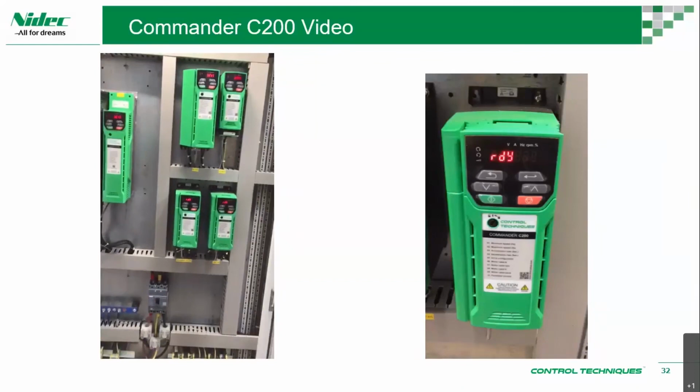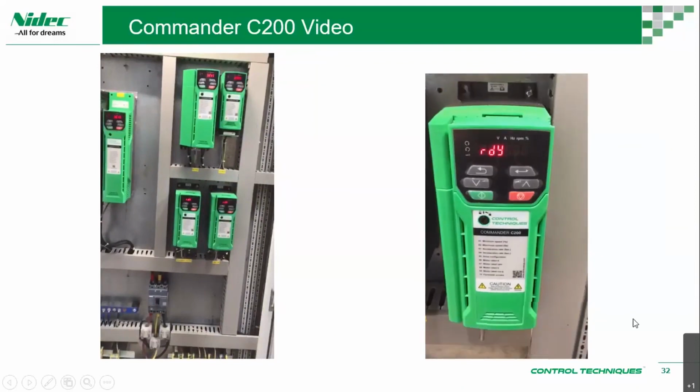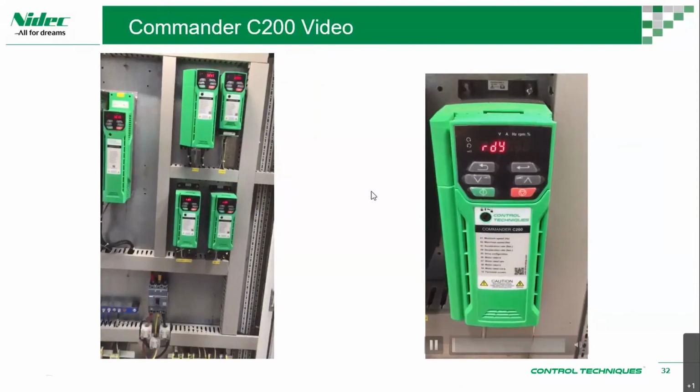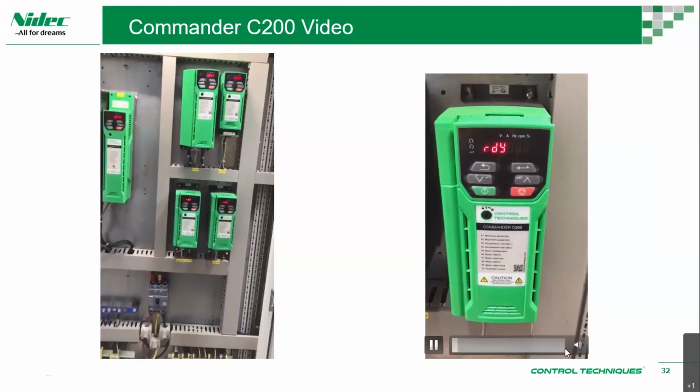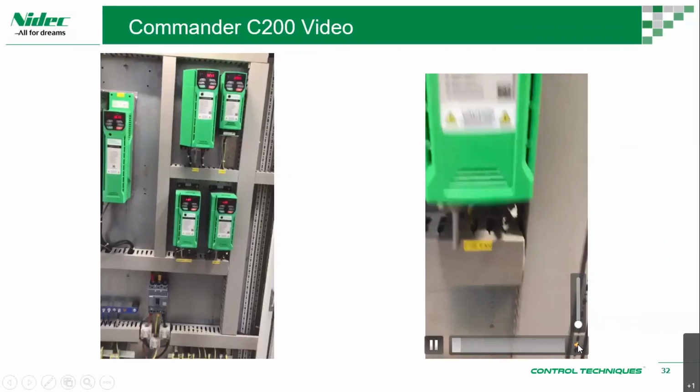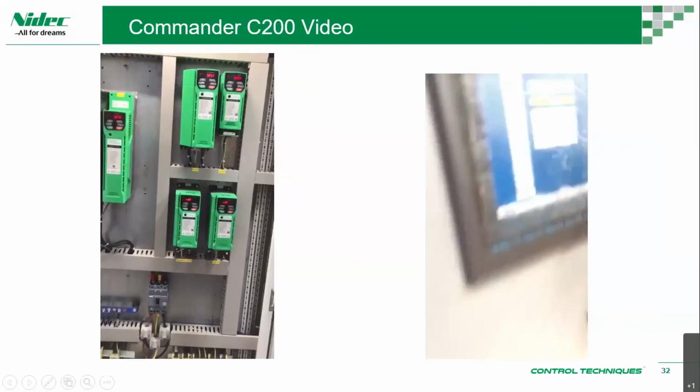This is the ID fan, FD fan, stoker, secondary FD fan, and this is the fire over fire. So we have 5 pieces of Commander C200, and also this is the easy restart. I will mute.